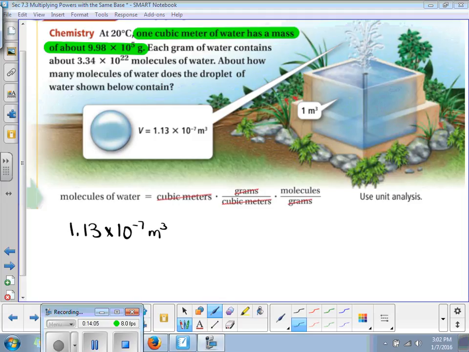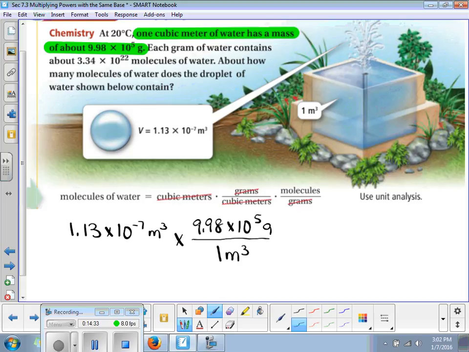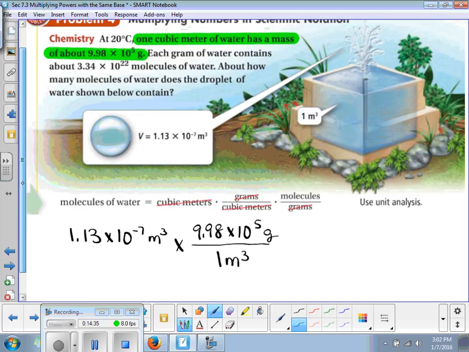We want to multiply times a fraction so that cubic meters will cancel. So that means 1 cubic meter of water goes on the bottom, in the denominator, and 9.98 times 10 to the 5th grams goes in the numerator.